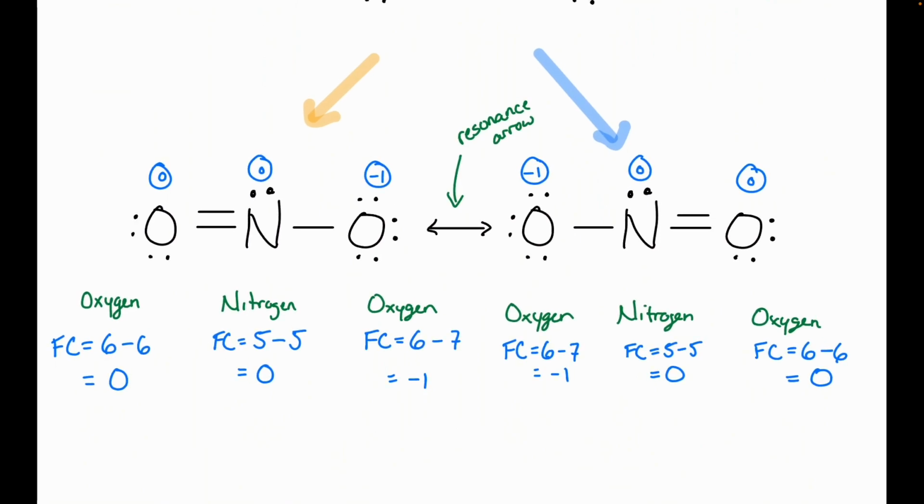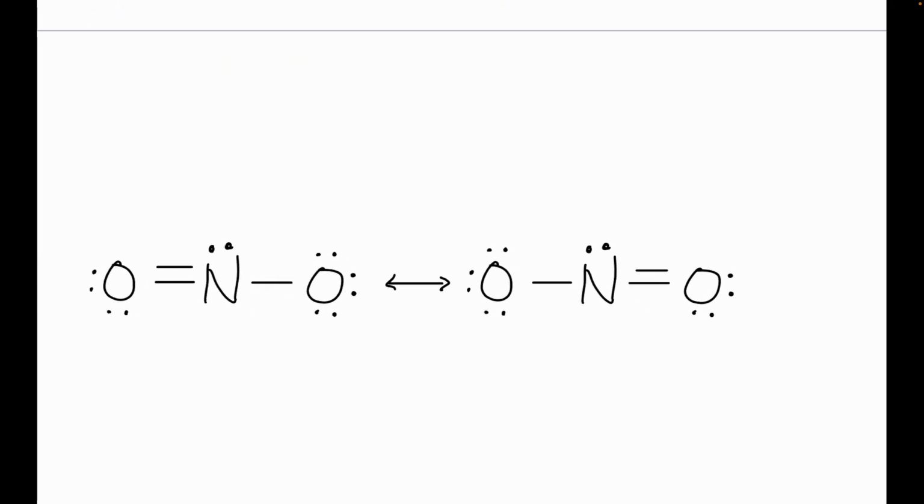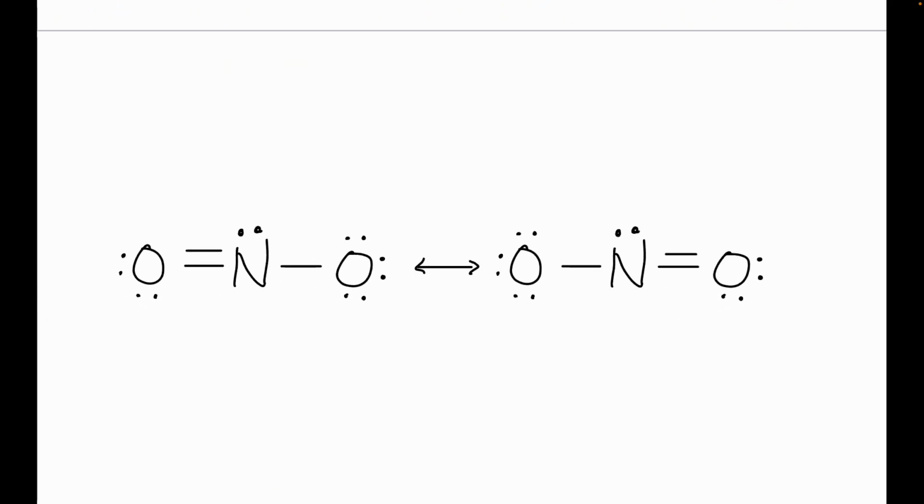All right, so let me just kind of clean this up away from our scratch work here. If I asked you for the resonance structure of NO2 with a -1 charge, your Lewis structure is not just one structure, but 2.